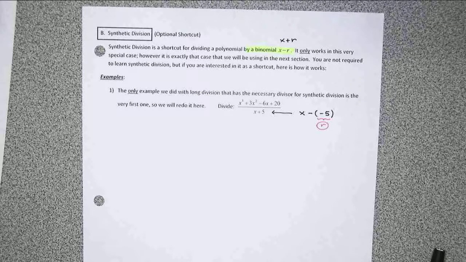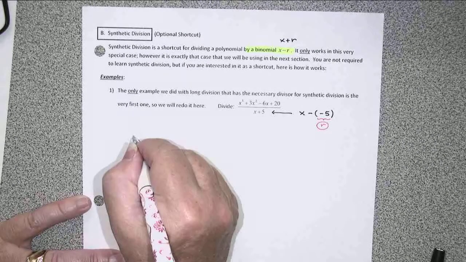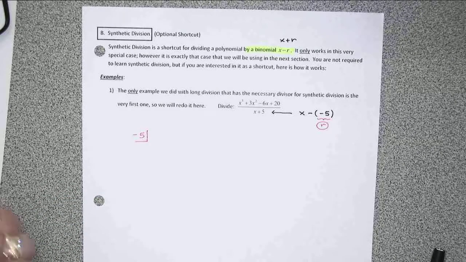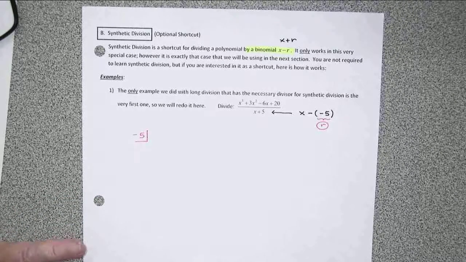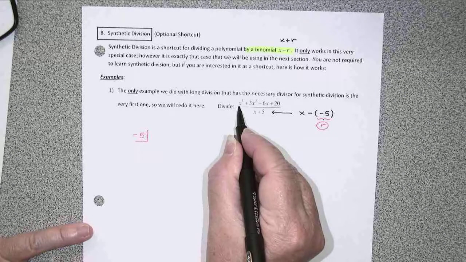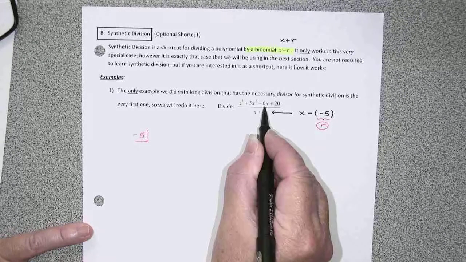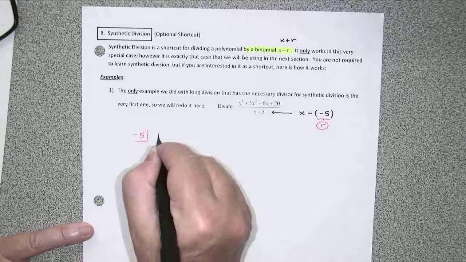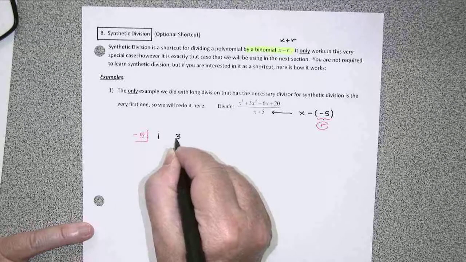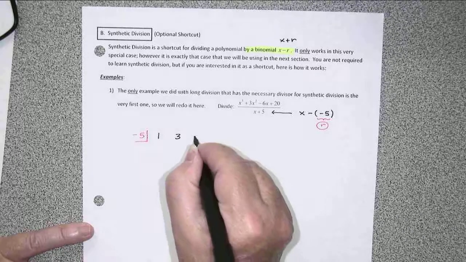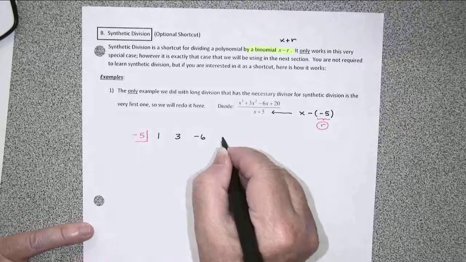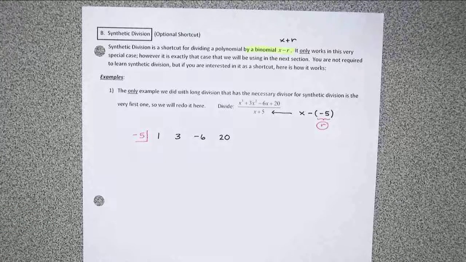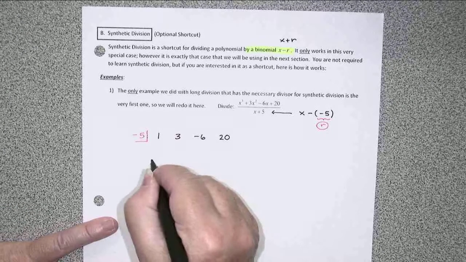So I'm going to use r of negative 5, and my very first step is to take that negative 5, and I'll put it in a little box. Next I'm going to put just the coefficients of the dividend or numerator. I have 1 for x cubed, 3 for the x squareds, negative 6, and then 20. Notice I didn't write out any of the powers of x. I just wrote the coefficients.